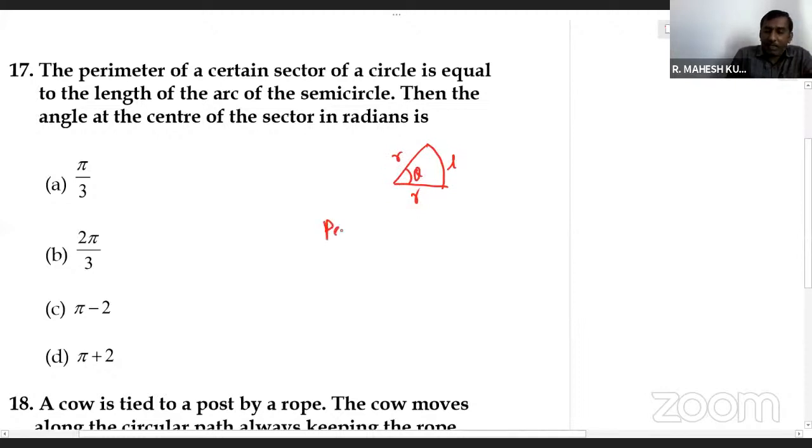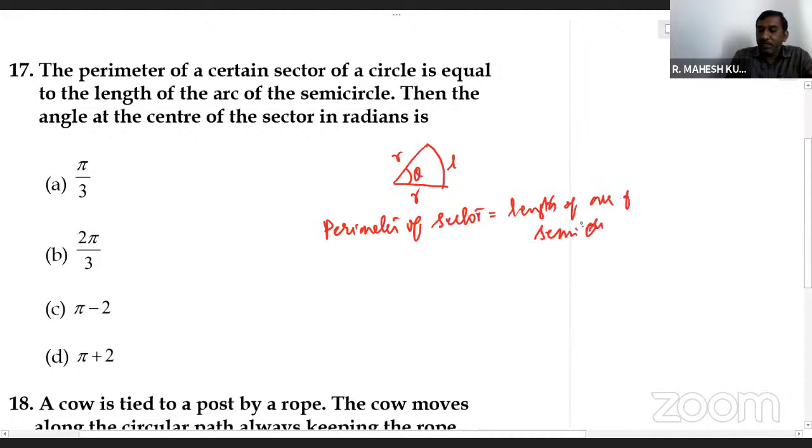Perimeter of sector is equal to, what is given? Length of arc of semicircle. This is the question given.